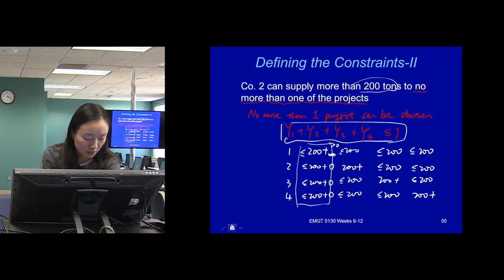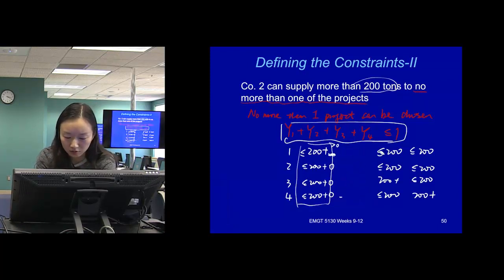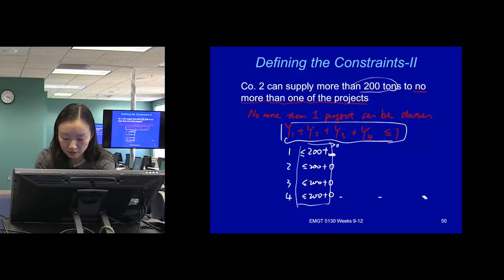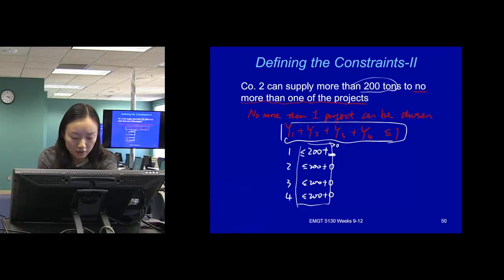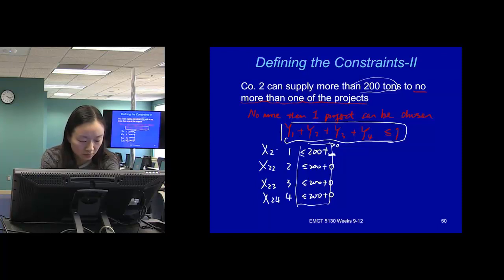With this, I'm going to just wipe those out. All of them are the same. It doesn't matter, because we're trying to just write out the part for x. So say this is x22, x23, x24, and this is x21.